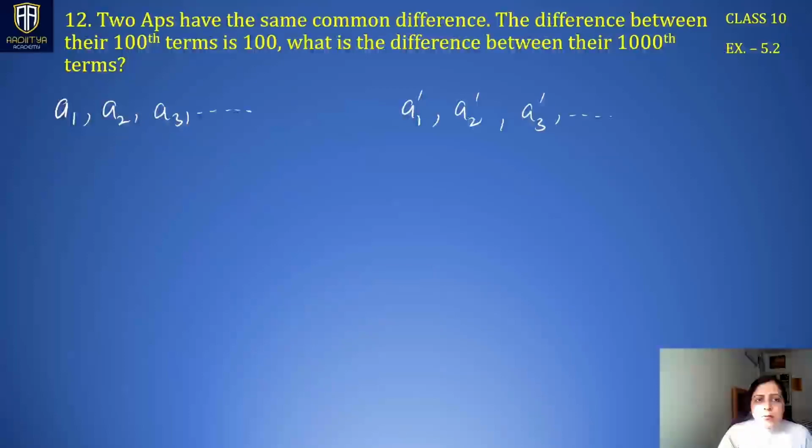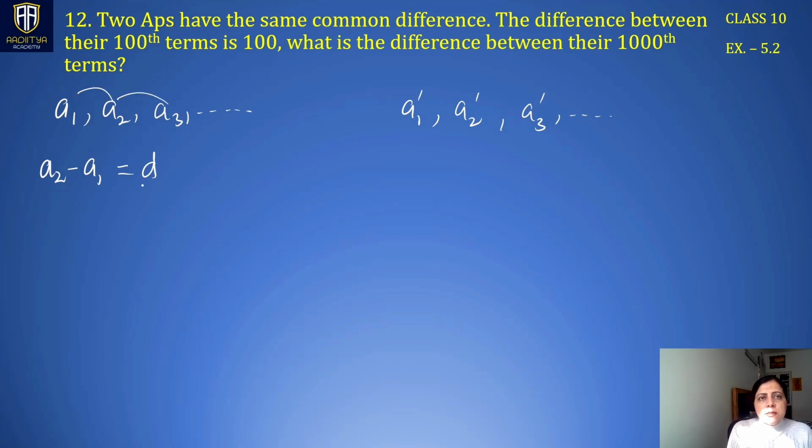Now I have taken different variables to represent two different APs. Means the values of these two APs will be different. But here he is saying that the common difference of these two APs is same. That means A2 minus A1 is represented as common difference. A2 minus A1, A3 minus A2.